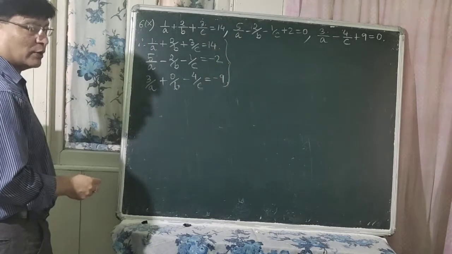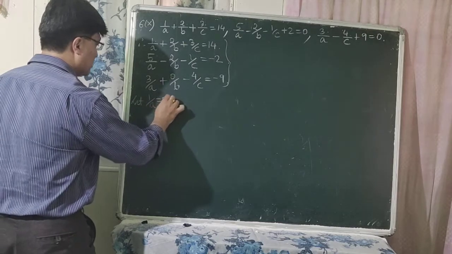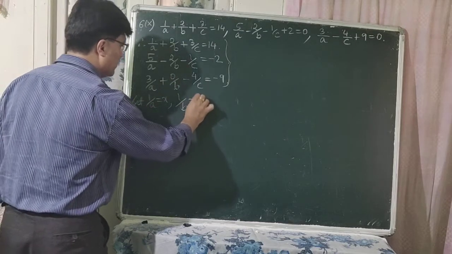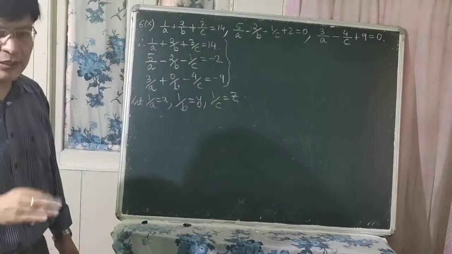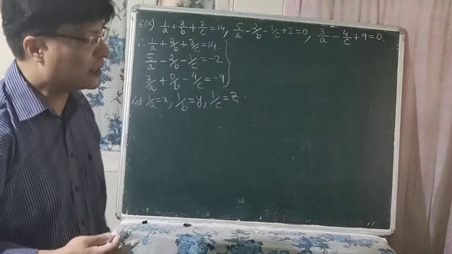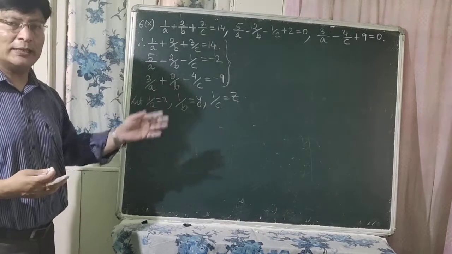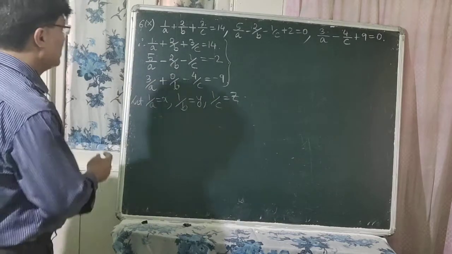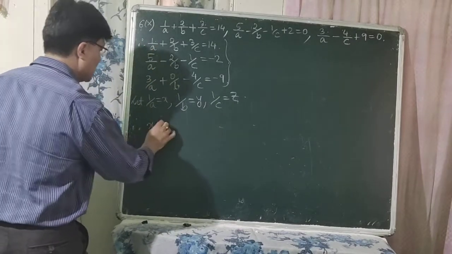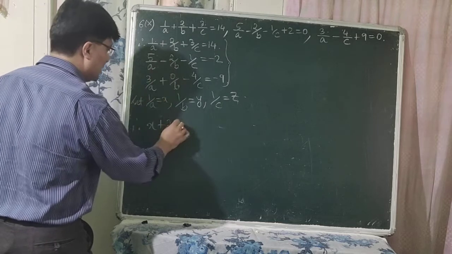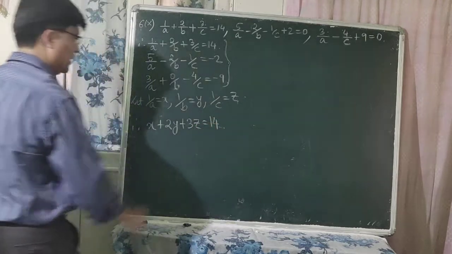So this is the system. In order to solve this, let us assume 1 upon a is equal to x, 1 upon b is equal to y, 1 upon c is equal to z. So this equation now becomes x plus 2y plus 3z, which is equal to 14.